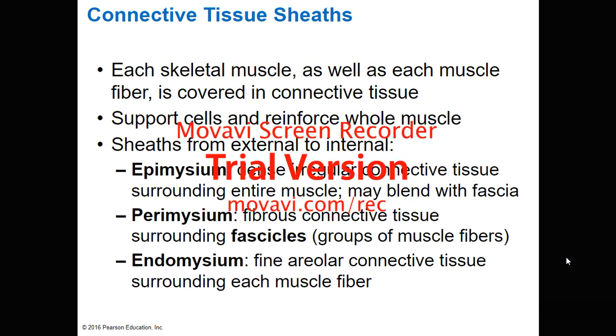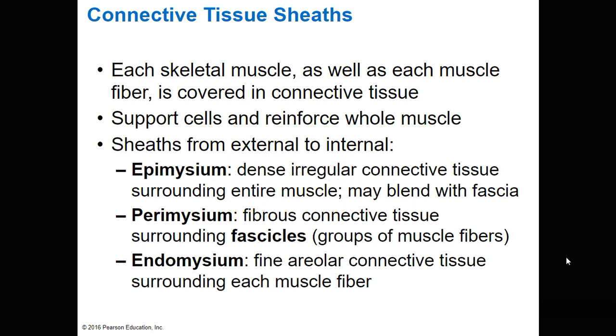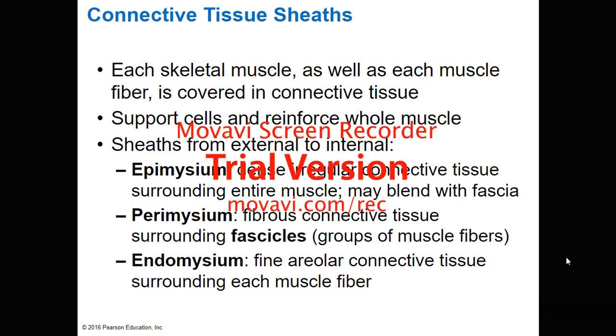And these fascicles are surrounded by a layer of dense, irregular connective tissue called perimysium. So the perimysium is going to surround each fascicle, and fascicles are bundles of muscle cells, bundles of muscle fibers.